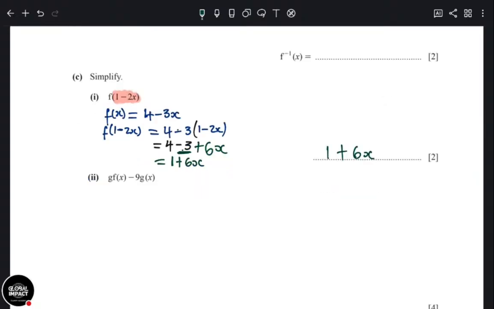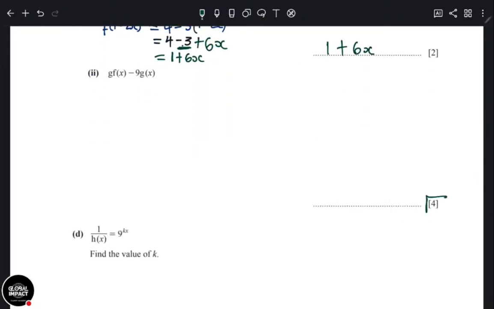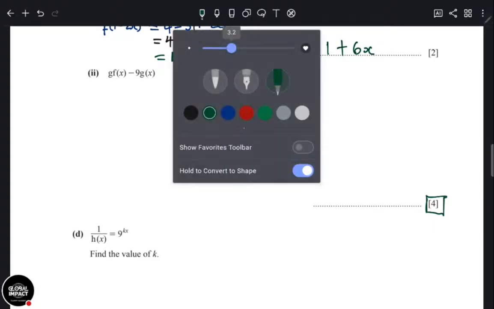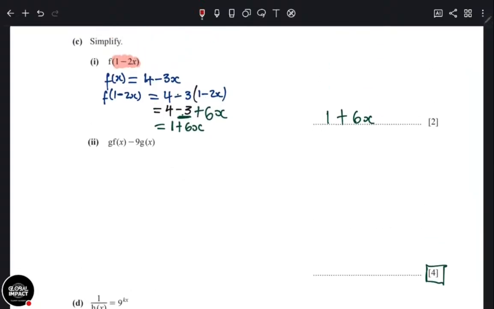Right. Now let's do this last big one. Do you know when you get 4 marks in IG, it means you've done a lot. At any level, you get 4 marks. Here they are now saying, please find gf of x minus 9 times g of x. When they say 9g of x, it obviously means 9 times g of x. You can't tell me it means you are putting g of x into 9.